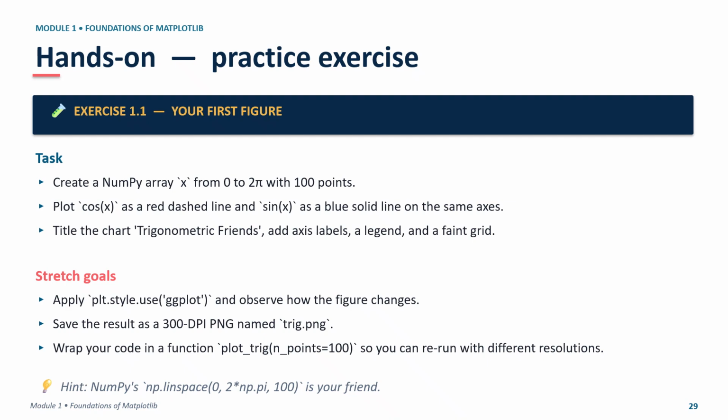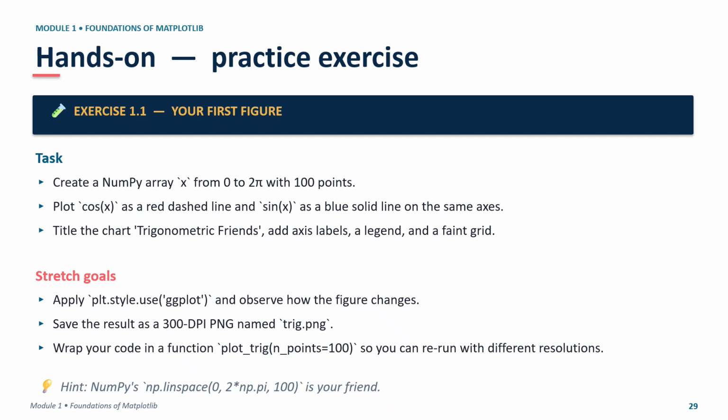And step 2, you plot cos of x and sine of x on the same axis. If you have to plot multiple plots on a single chart, you can call ax.plot twice. So ax.plot(x, np.cos(x)), then ax.plot(x, np.sin(x)), right? Step 3 is you add the title, axis labels, legend, and grid.